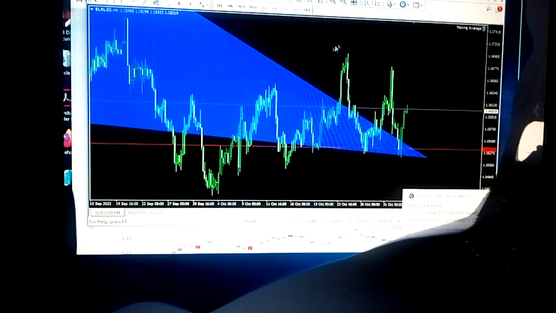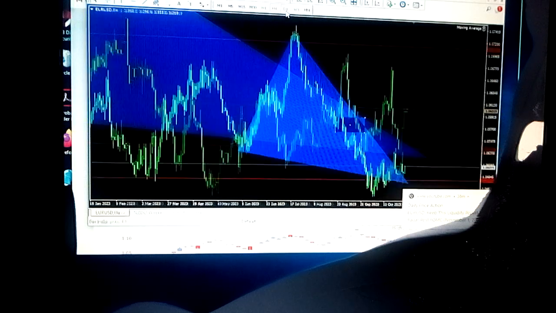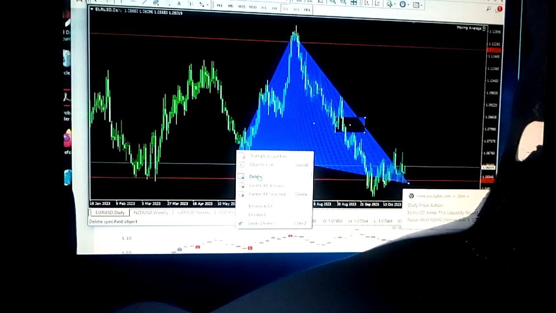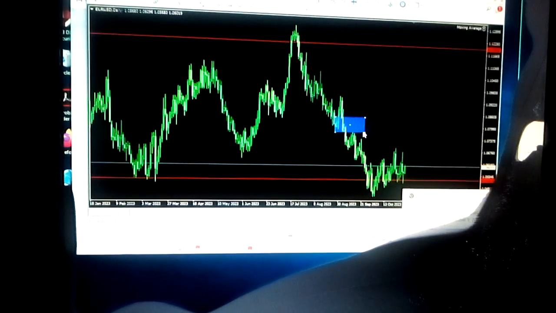While we are here, you need to come to daily, identify it, okay? Then also you go back and identify support and resistance. That's the second thing.